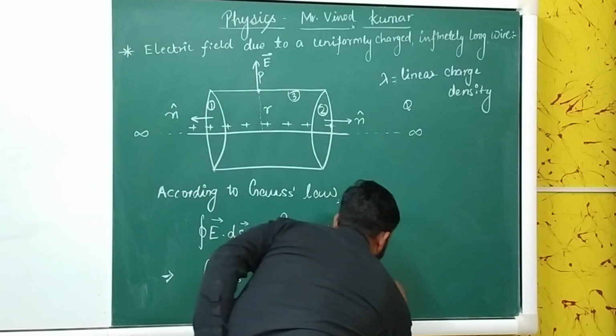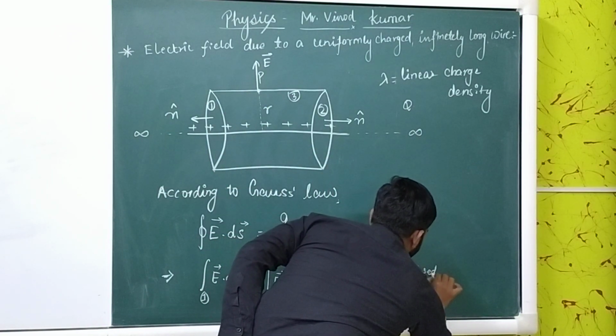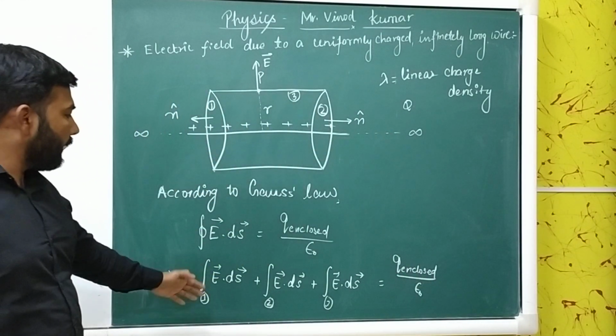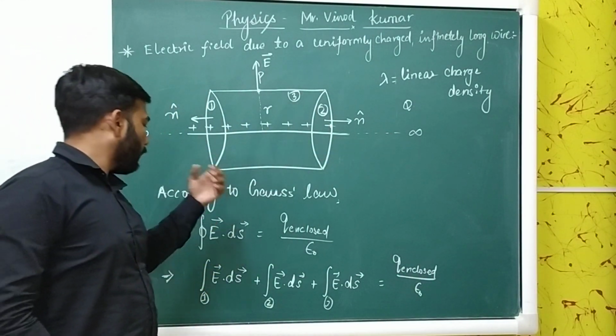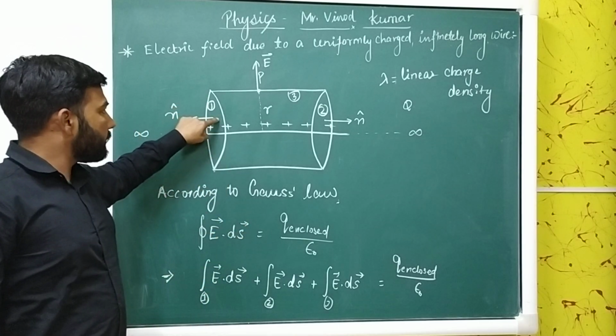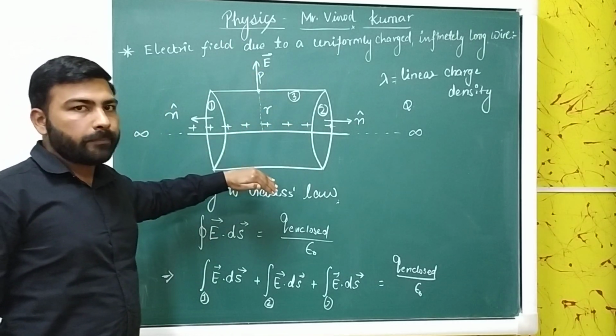On the right side it is Q enclosed divided by epsilon naught. So we have divided the closed surface integration into three parts: first for this surface, second for this surface, and third for this curved surface.